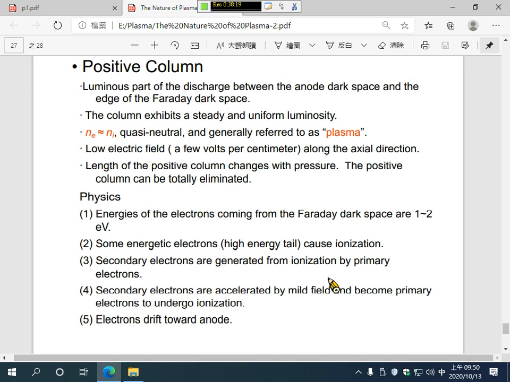So this reaction still exists inside the positive column, and the collisional process will generate an electron and ion pair, and this electron is named secondary electron. Okay, and after this process, the electron keeps traveling across the positive column, and at the end reaches the surface of the anode.